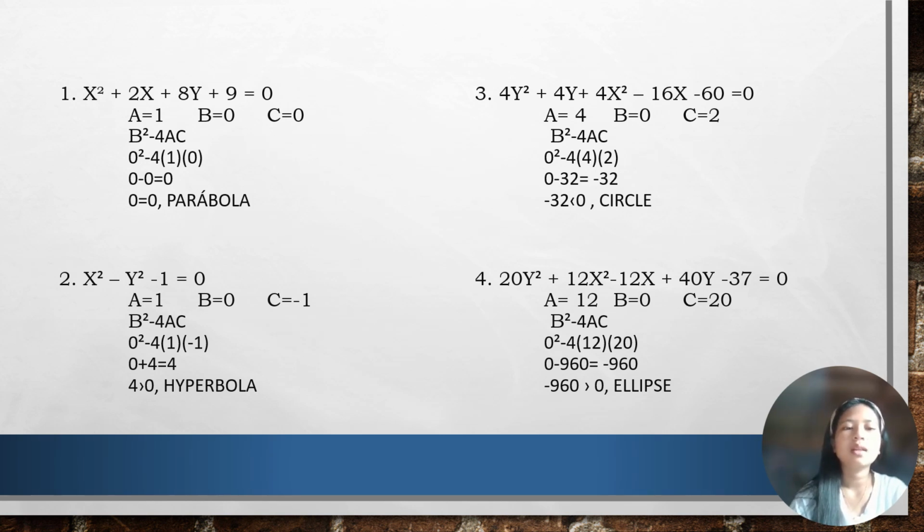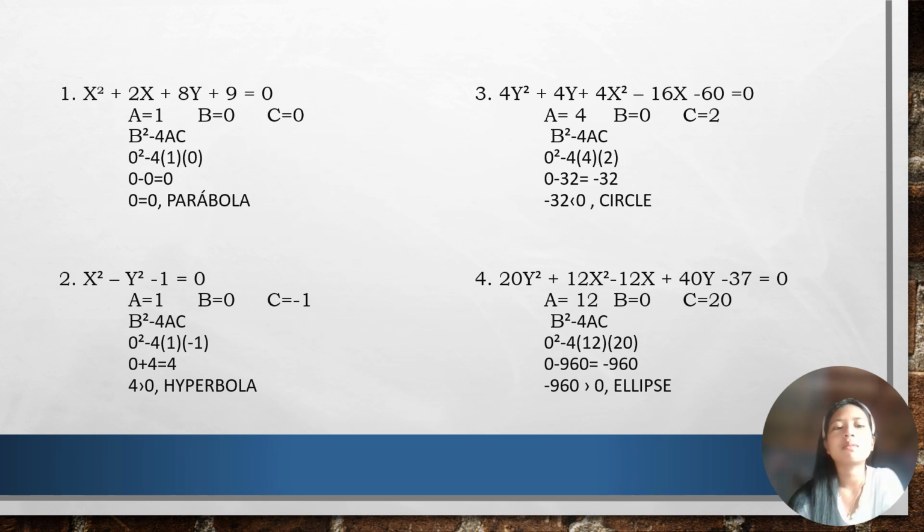Next is number 2: x squared minus y squared minus 1 equals 0. Again, get the values for a, b, and c. Next, substitute the values in the formula b squared minus 4ac. So we get 0 squared minus 4 times 1 times negative 1. 0 squared is equal to 0. Negative 4 times 1 is negative 4.